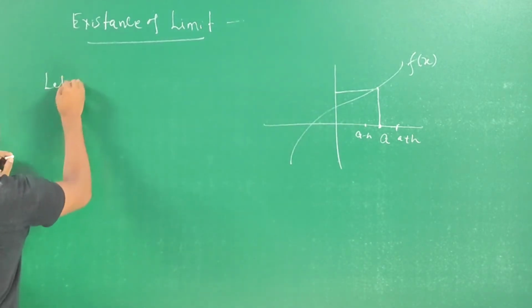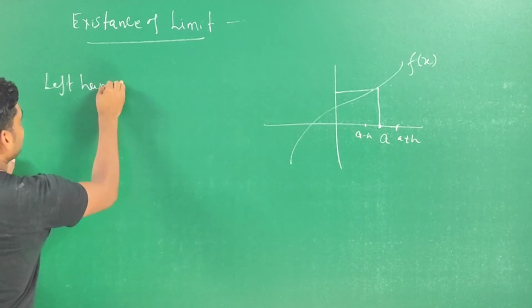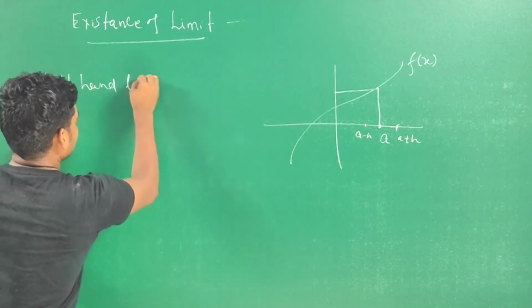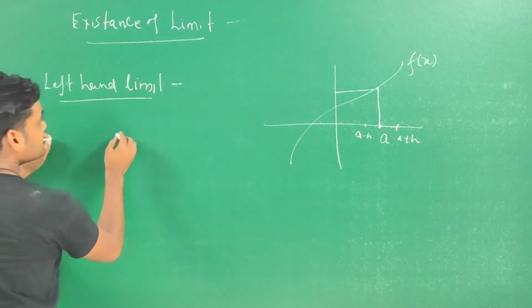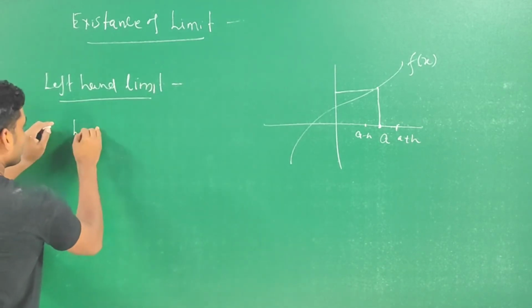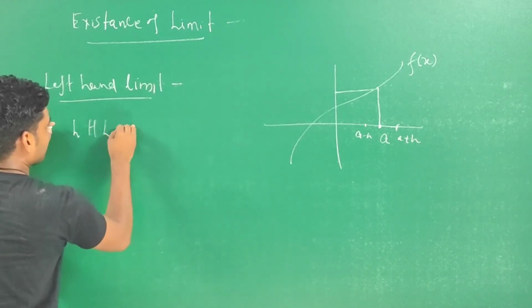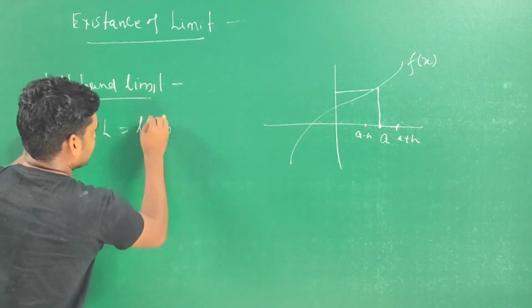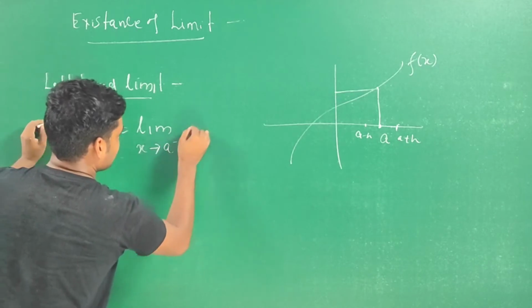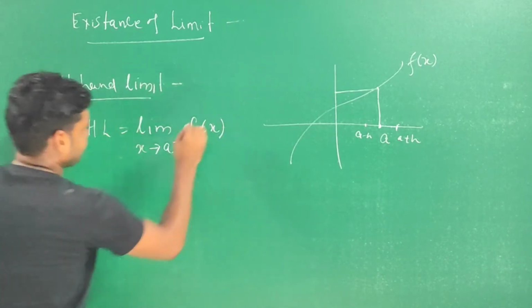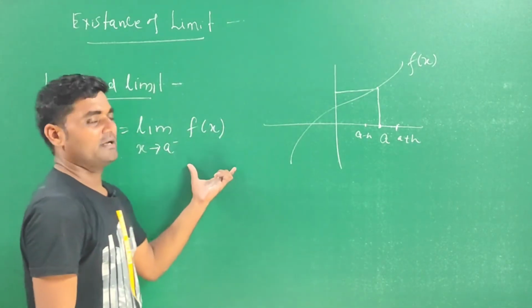Left hand limit, in short LHL, is equal to limit x going to a minus of f(x).